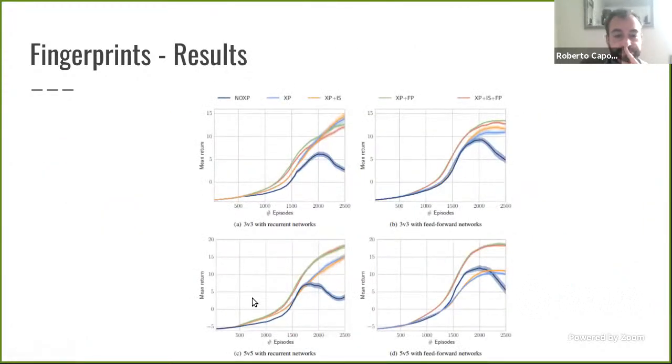And so if we do this, they tried a bunch of experiments, and they compared no XP, which is no experience replay, XP, which is standard experience replay, and then XP plus IS is importance sampling, experience replay plus fingerprints is green, and all of them together. You will see that basically fingerprints alone outperform even in many cases importance sampling plus fingerprints.